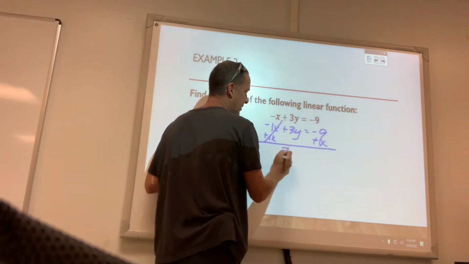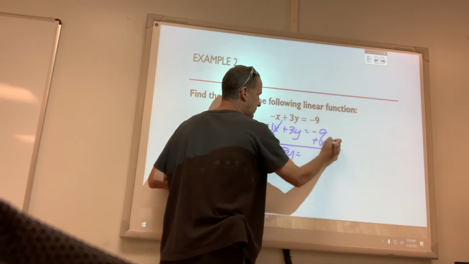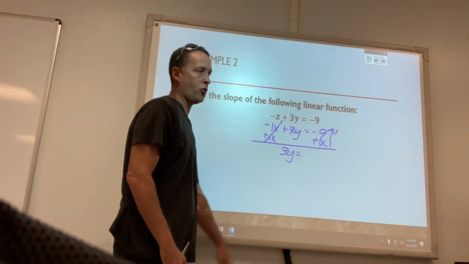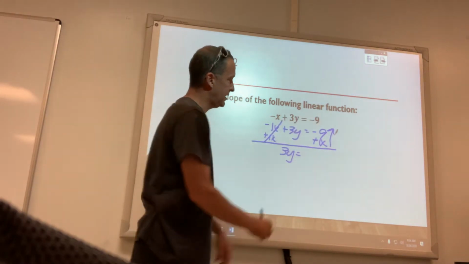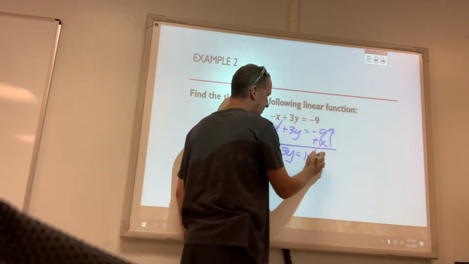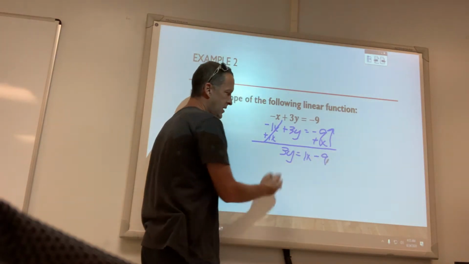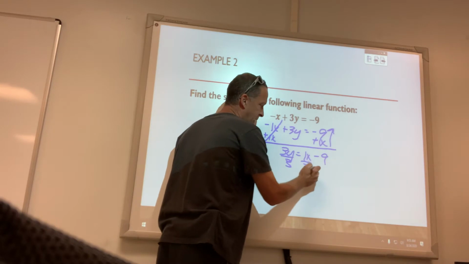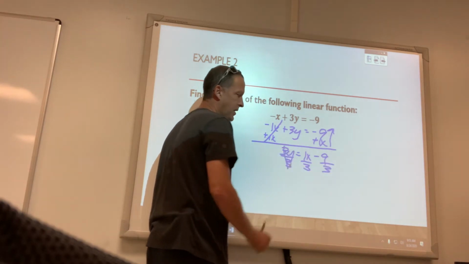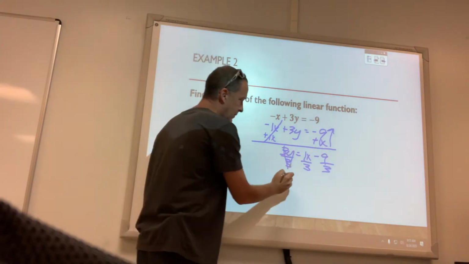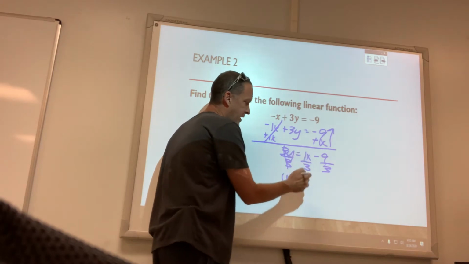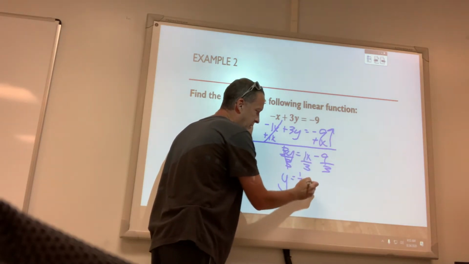So that would give me 3y is equal to, keeping it in slope-intercept format, I'm going to go from the bottom to the top. So that'd be 1x minus 9. Now, divide both sides by 3, I'm going to divide everything by 3. So I get y equals 1 divided by 3, which is just 1/3.